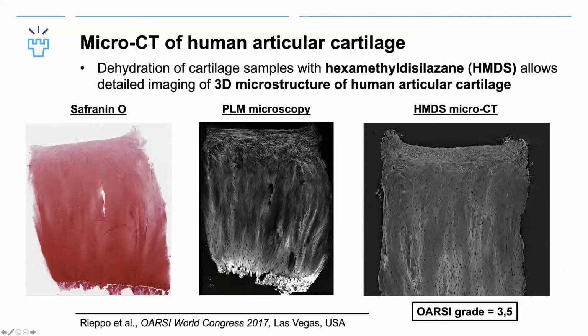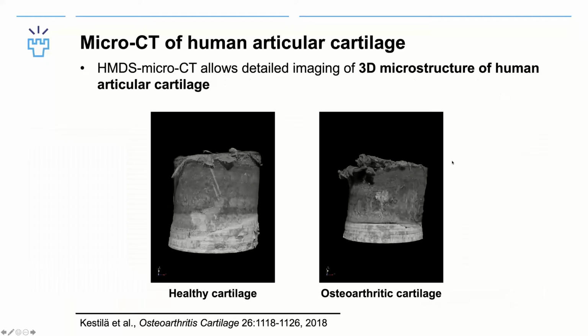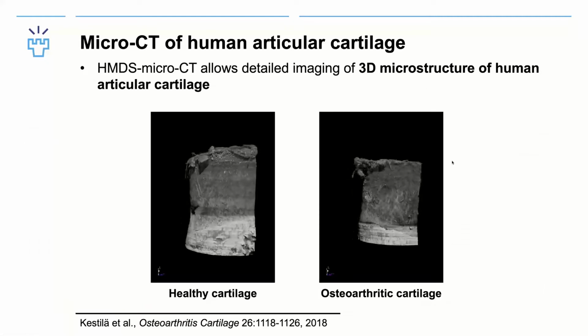So here is a micro-CT image of the cartilage surfaces. Here would be bone. This is our cartilage sample, a little bit degenerated. If we compare that with the histology and polarized light microscopy, we see that you can actually see the collagen bundle structure fairly well already from the micro-CT. And of course, this is 3D again, as a reminder.